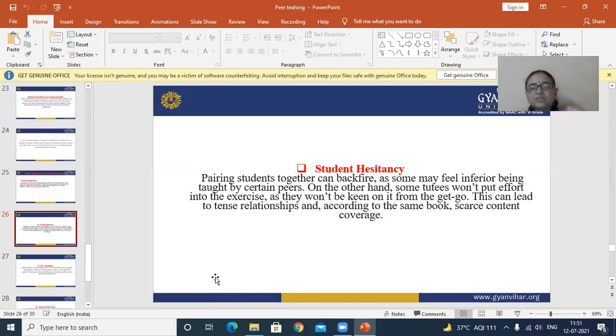On the other hand, some tutees won't put effort into the exercise as they won't be keen on it from the get-go. This can lead to a tense relationship and affect content coverage.